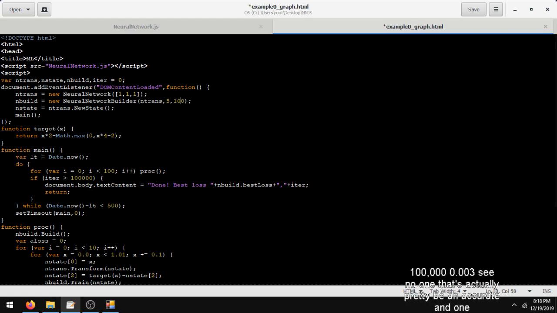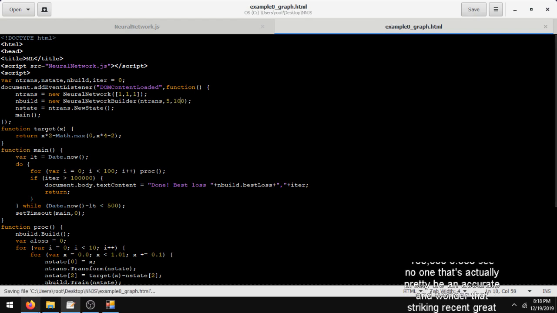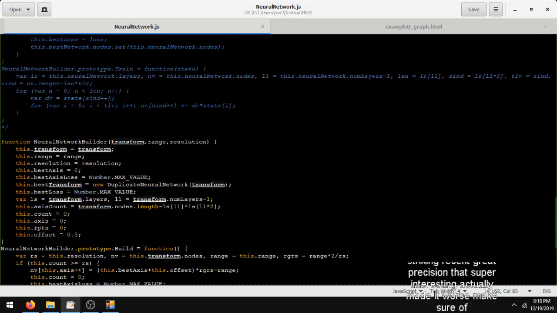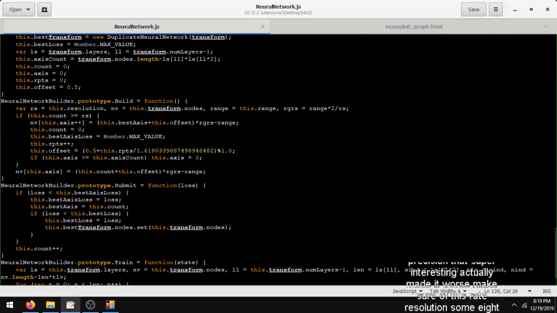And then let's try increasing the grid precision. That's super interesting. Actually made it worse. Let me make sure I have this right. Resolution. So making the resolution 100.